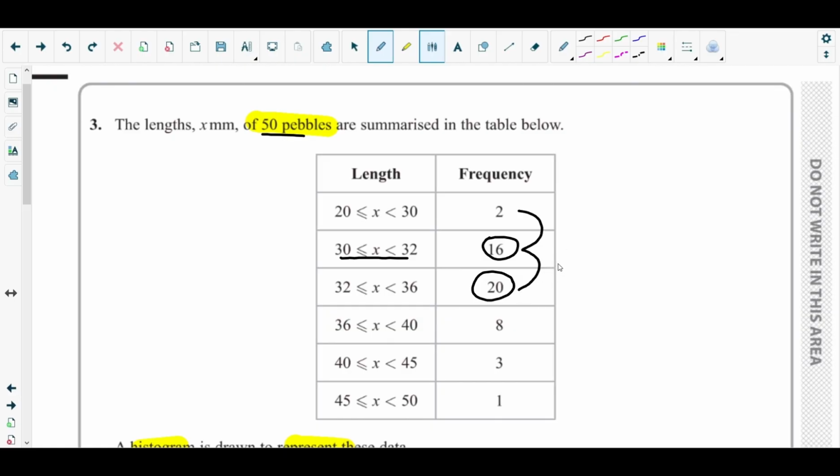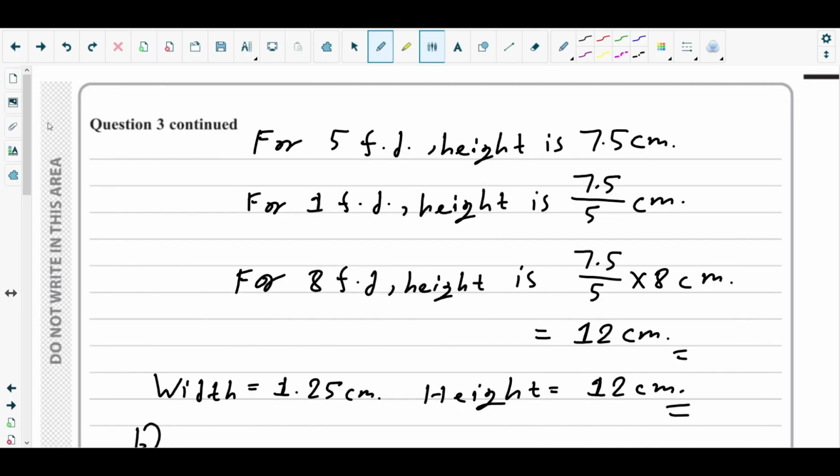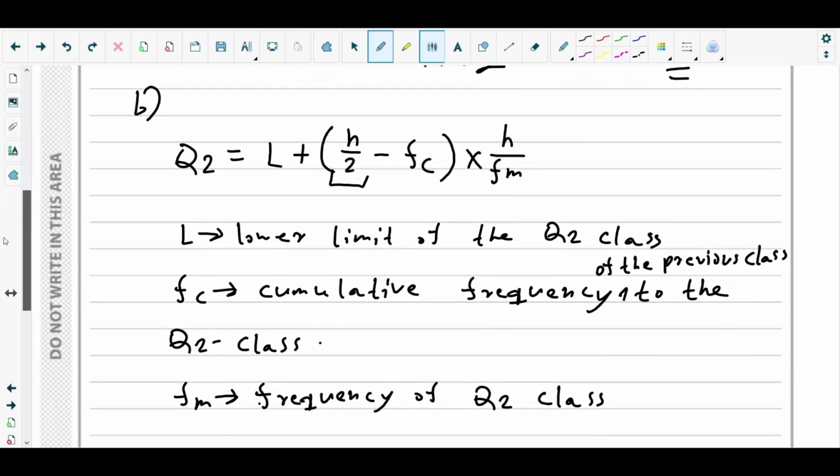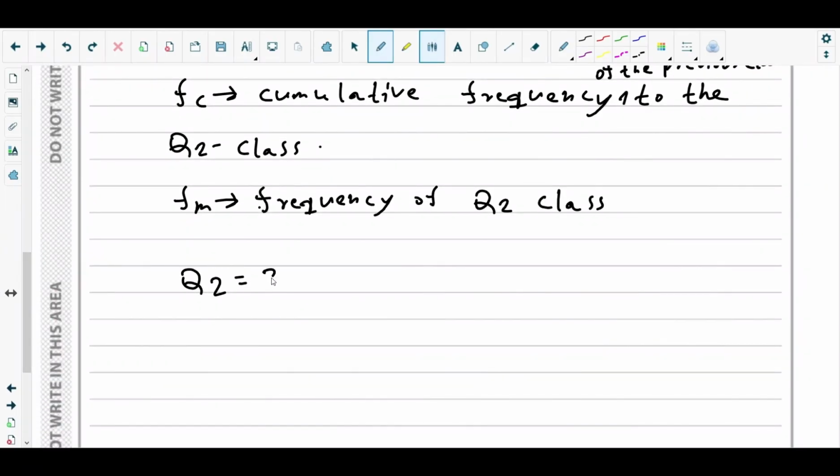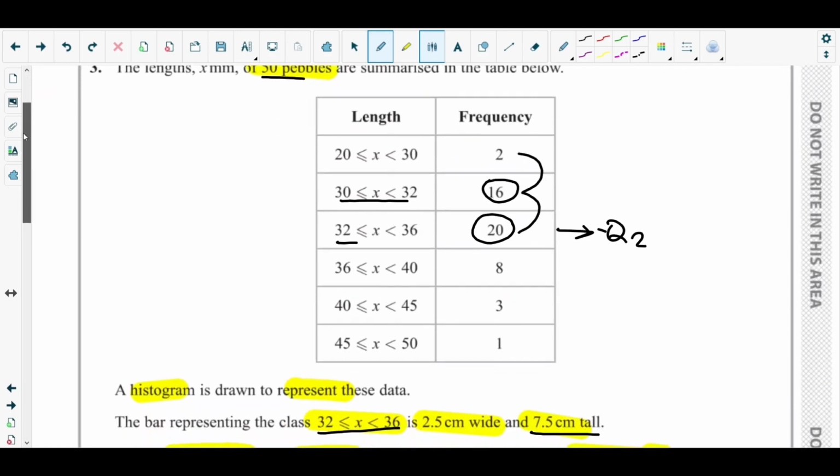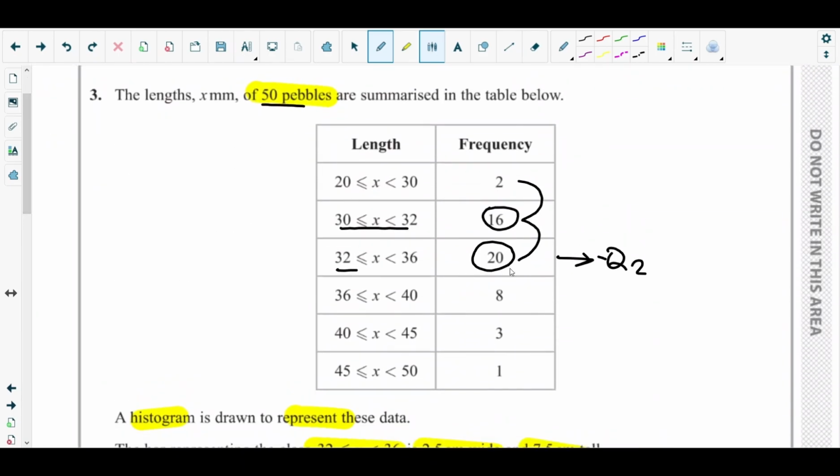So that means this is the median class, the Q2 lies here. So the lower limit of the median class is 32. So 32 plus n/2, that is 25, minus the cumulative frequency of the previous class to the median class. This is 20.